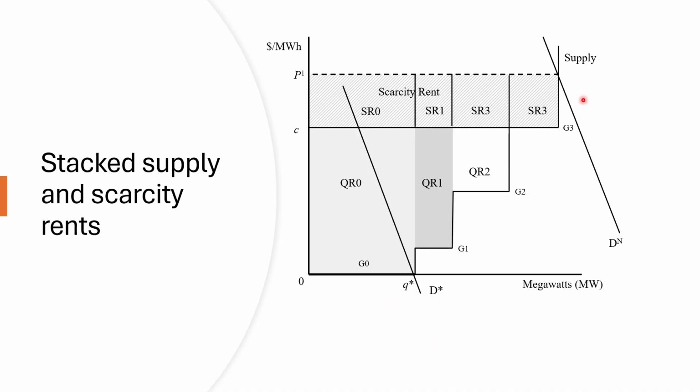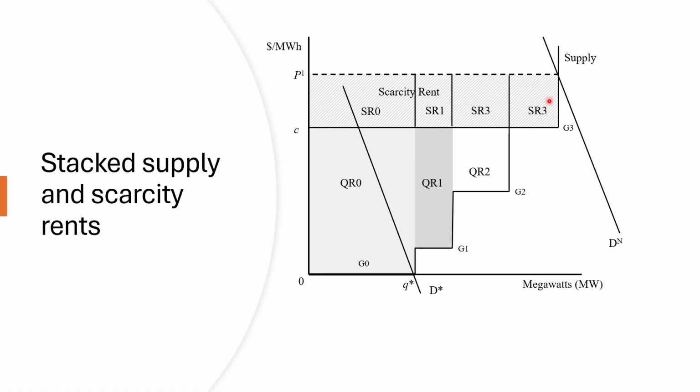Now suppose we were at the end of the supply stack over here. We had no further ability to supply more electricity. In this case, the marginal generator would be G3 and the price would be determined by P1, in which case this area here would indeed be considered scarcity rent, because there's a scarcity of electricity available in the entire system.